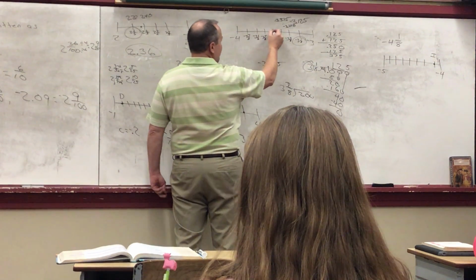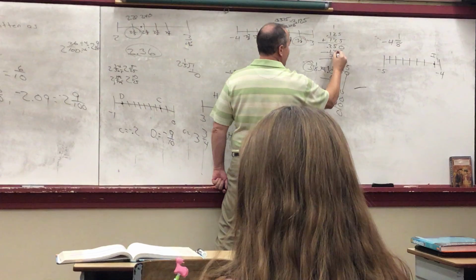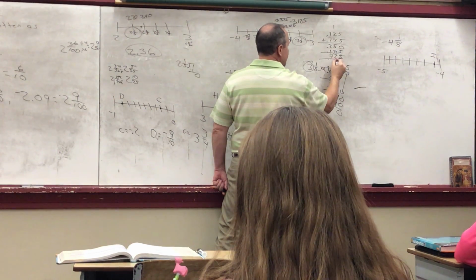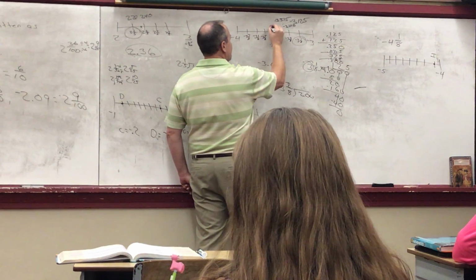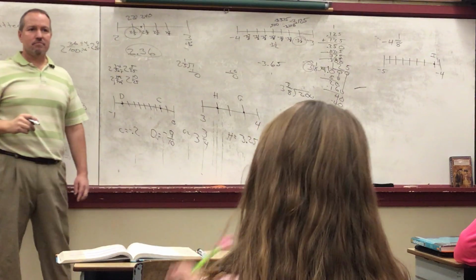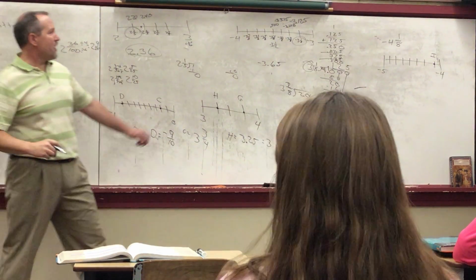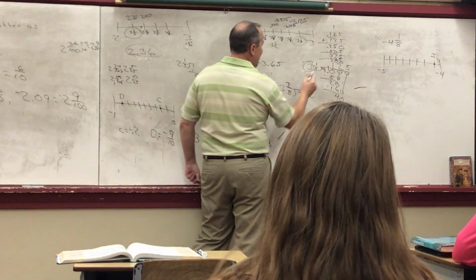To go from here to here, I'm going to add another 125,000. 10, 7 and 2 is 9, 1 is 10, carry the 1, 3 and 1 is 4, 1 is 5. That gives me 500,000. To find the next one out, what am I going to do? Add another 125,000 to it.